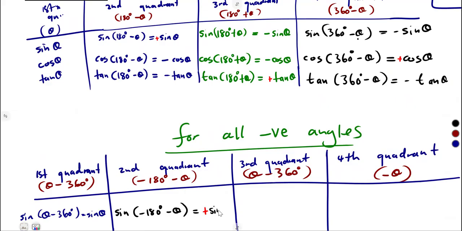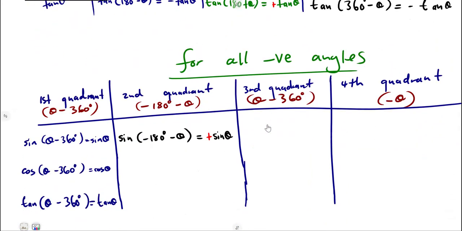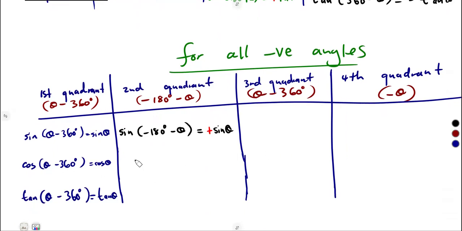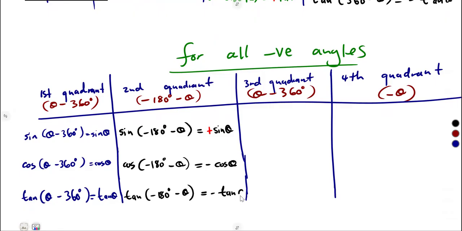The rest are negative. The cos, this is not a quadrant for cos, it does not rule in this quadrant, so it becomes negative. The same with the tan, it does not have power in that quadrant, so it becomes negative. That's the case.